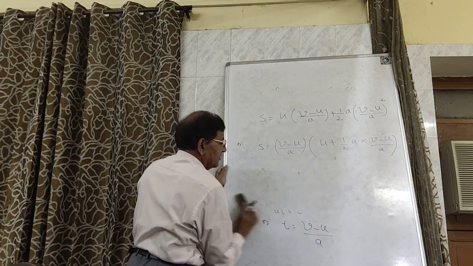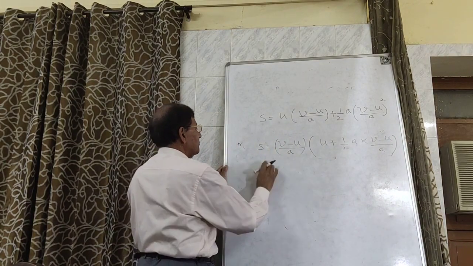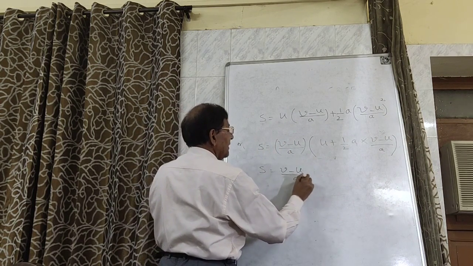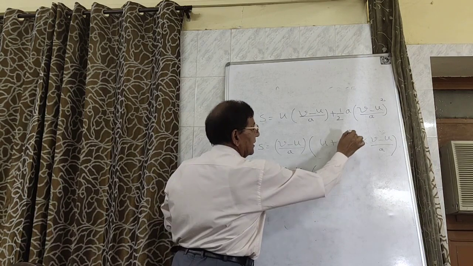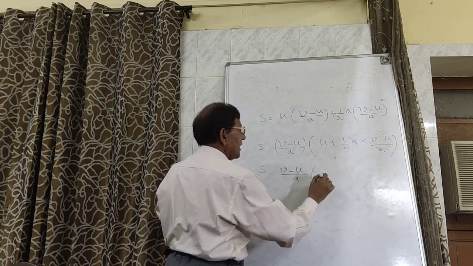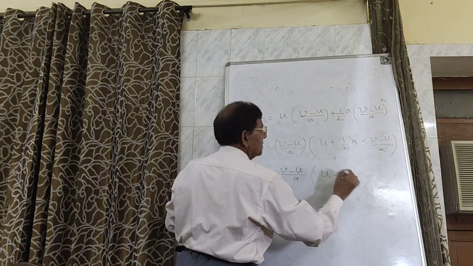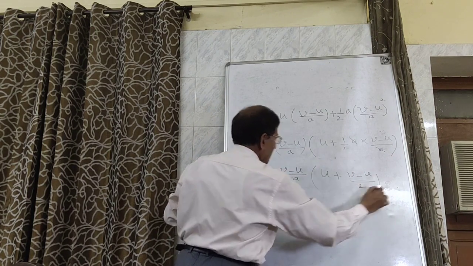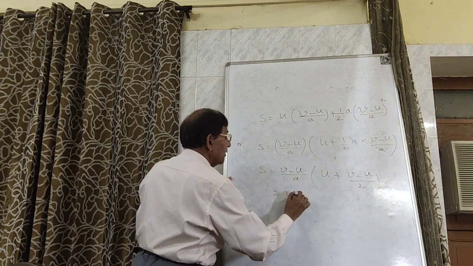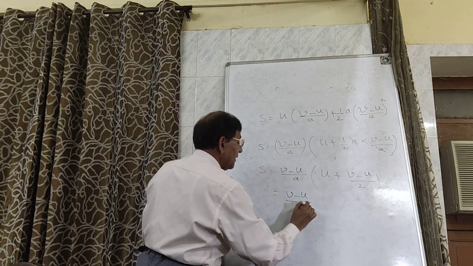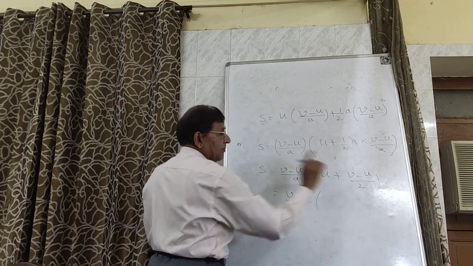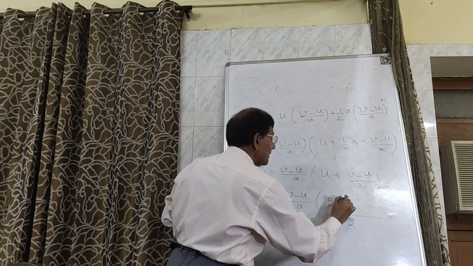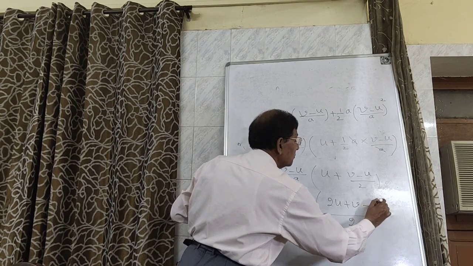Or s equals v minus u divided by a into, this a goes with this a, and we are left with u plus v minus u divided by 2. This is further equal to v minus u by a into, the LCM is 2, and we are left with 2u plus v minus u.